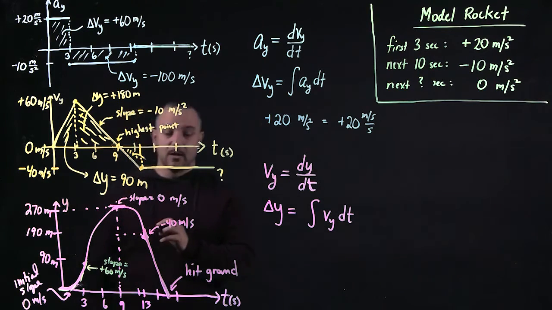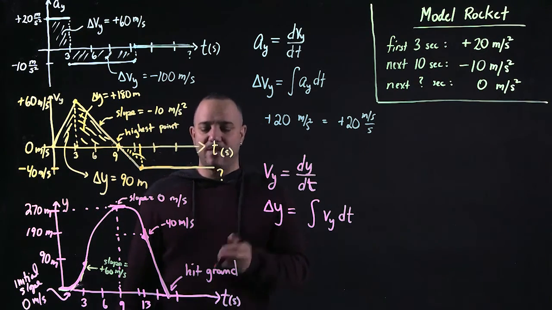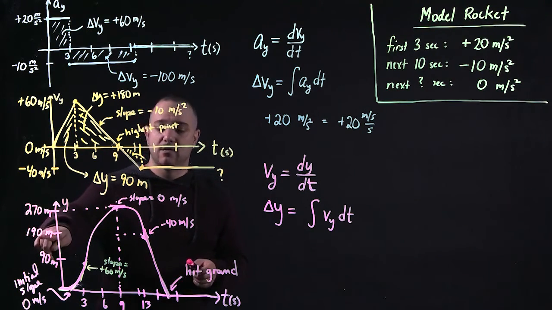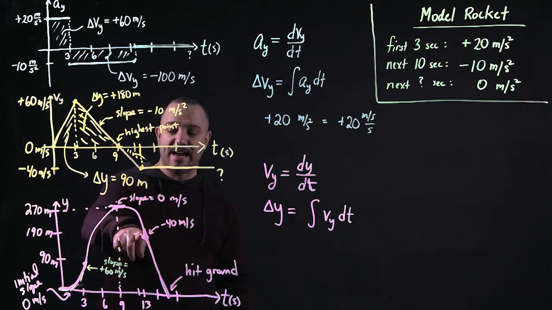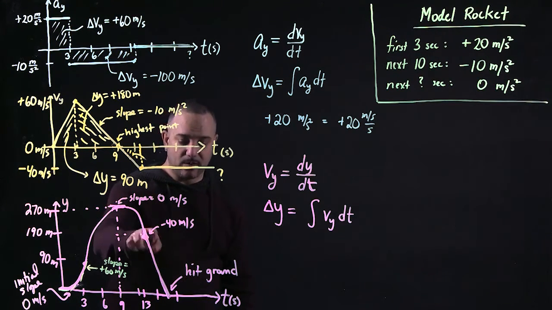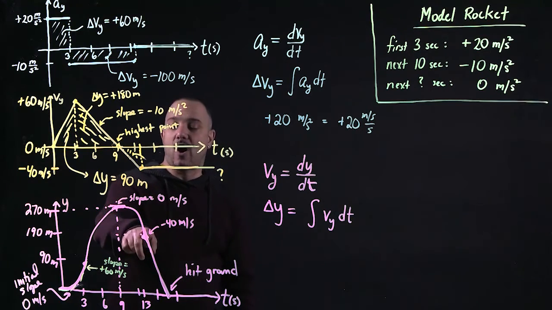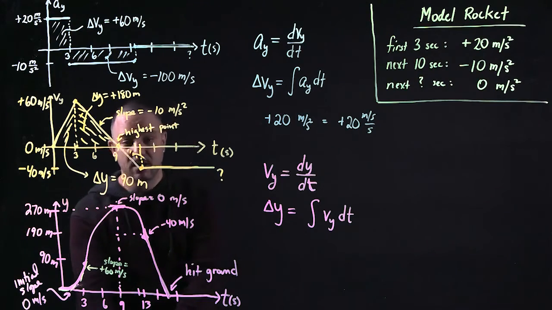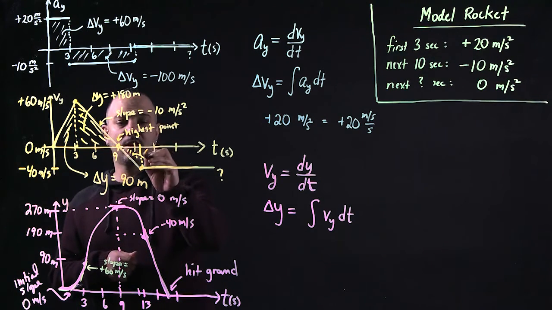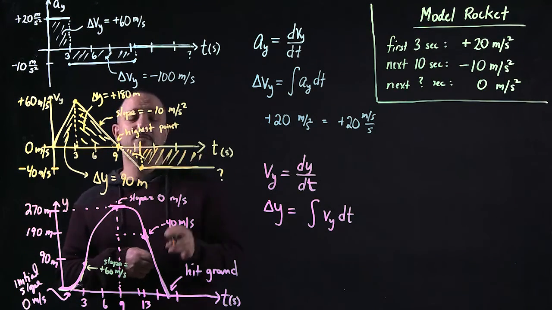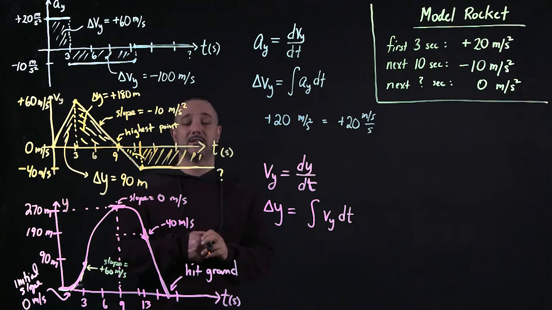All right, so how do we figure out the time at which it hits the ground? Note that right when the parachute is deployed, we're at a height of 190 meters, and we're going to end up at 0 height. So our height in this interval of time from 13 seconds on is going to change by negative 190 meters, which means the area under this curve from 13 on has to be 190 meters in magnitude.